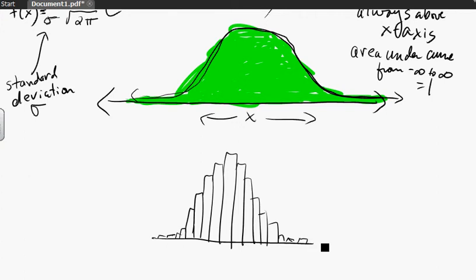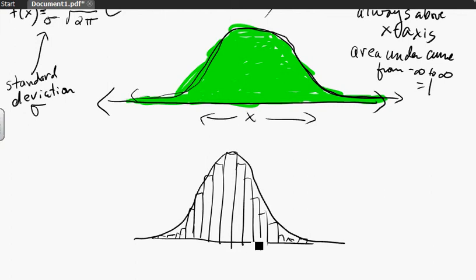And if you have just tons and tons and tons of data, all these bars are going to start kind of melting into something that averages out to be a normal distribution. Okay, so you can think of all the green that's under this curve as being a whole bunch of bars in a histogram, in a frequency distribution.